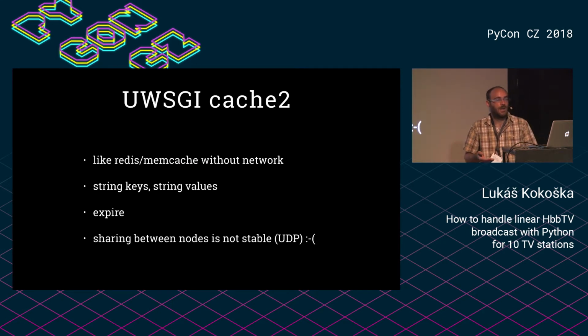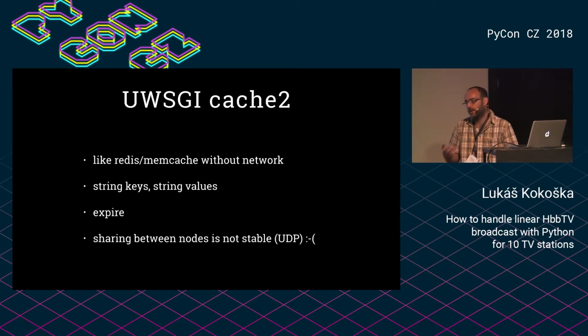It's like Redis or Memcache, but without network. You don't have to wait for network even on a localhost. Everything is a string: key is a string, value is a string. If you want to store any complicated type, you have to handle serialization and deserialization on your own.